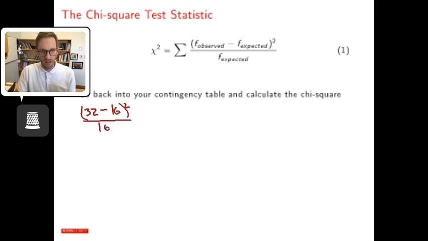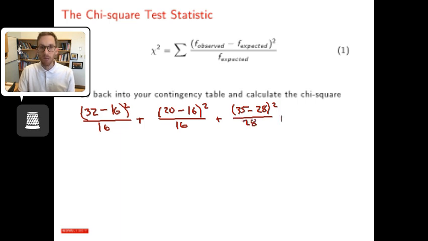Observed minus expected squared over the expected. And then I'm going to add that to the next cell. Well, I had 20 Democrats that were for it. I expected 16 if there was no relationship. And then for independents, I had 35 minus the 28 I expected over the 28.